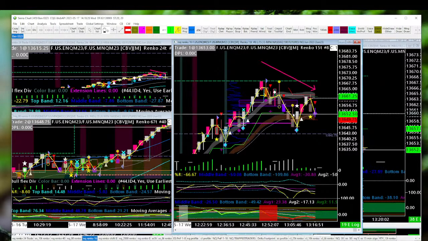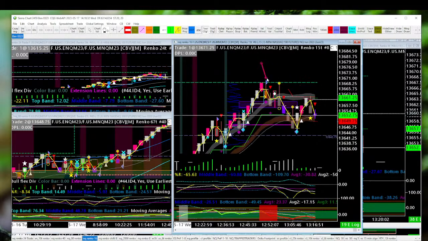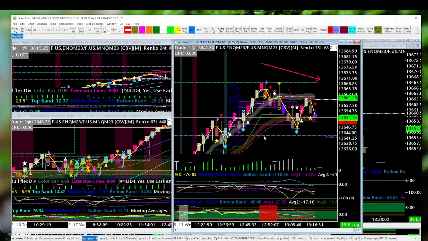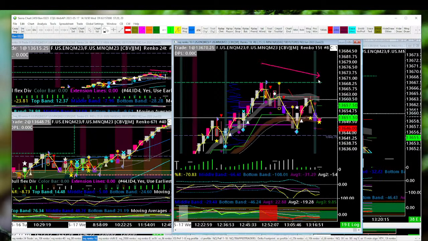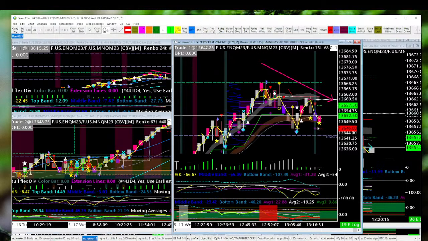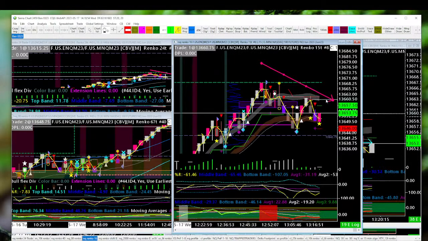It might be more optimal for some people to leave their stop up here if those little scratches are going to cause you problems emotionally. Then you leave your stop up where you know you're wrong. But it can also go suck up liquidity up here and then roll over. So then you have to decide, how are you going to handle that?